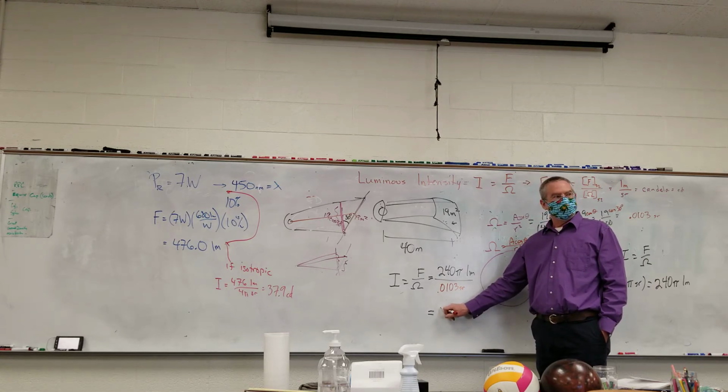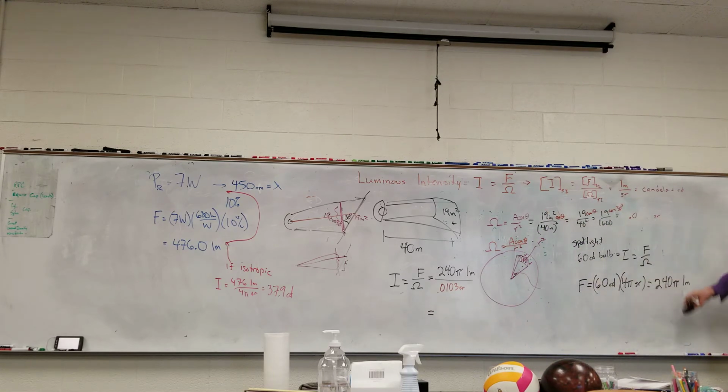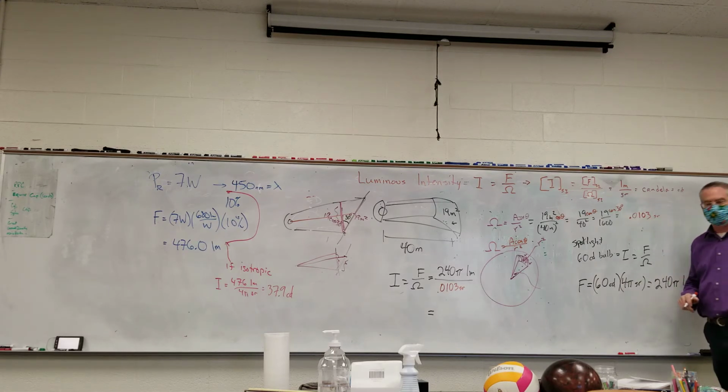You sure about that? I thought I did it right. Do you have your calculator in radians? No, that's fine. It should be in degrees. Cosine 30 degrees. Yeah, 19 cosine 30, I got about 16.45, squared, divided by 40 squared. Yeah, I forgot the square. Okay, so we're back to it.